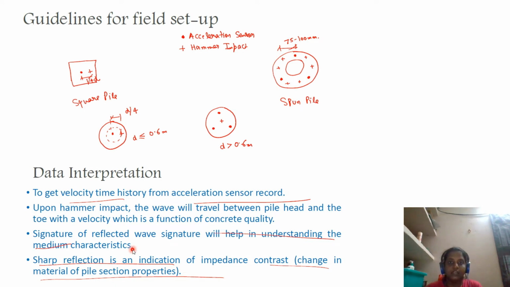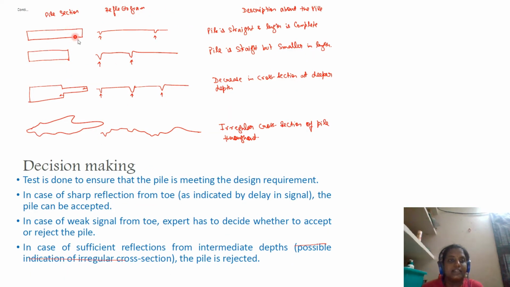There are standard published signature records. We can keep them as a reference. That reference will help you see whether our pile has undergone any changes in cross section or any defect is there. A sharp reflection is an indication of impedance contrast, that is a change in material or pile section properties. You can see here some reference.